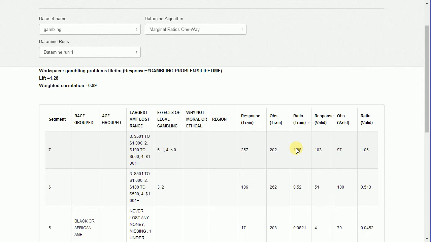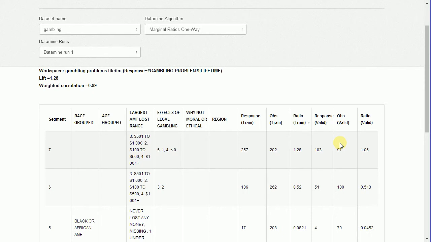To test how well the model generalizes, we need to compare the ratio on the training data against the validation data ratio for each segment. Recall that the validation data wasn't used in coming up with the segment definitions at all. Preddle finds the segment definitions using the training data and then runs the validation data, which was held out on the side, through these segment definitions to allocate each case in the validation set as we see here.